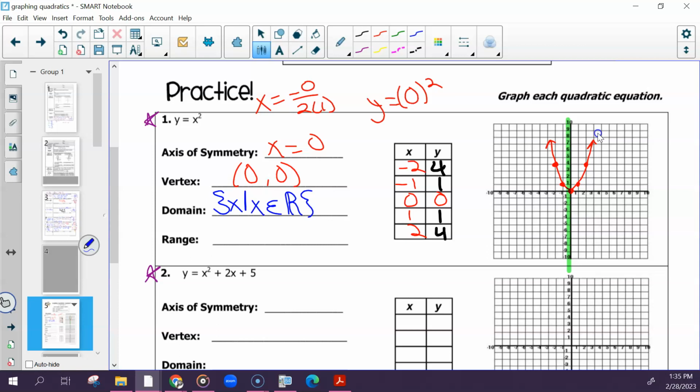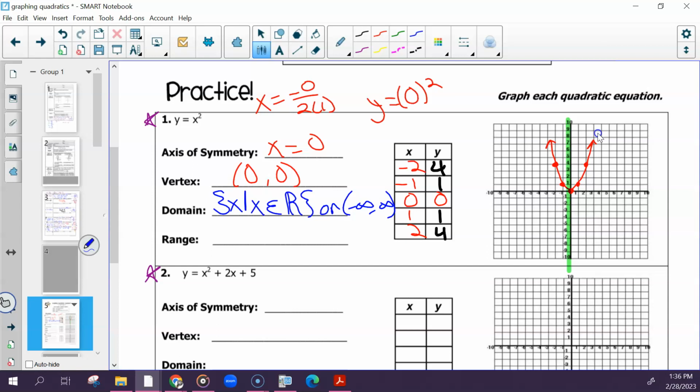Or you can write it how we've been writing it with our inequalities: from negative infinity to infinity. Do whichever one you want. As a hint, all of your quadratics will have the same domain, negative infinity to positive infinity, unless we do something to it, which in this class we are not.